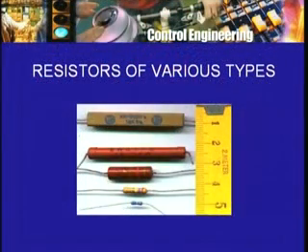Now you know that resistors can have various appearances. Here are some more resistors which look different from the one that I started with. Here is one that is known as a wire wound rheostat. It is a much bigger thing, and one can see the wiring very clearly.